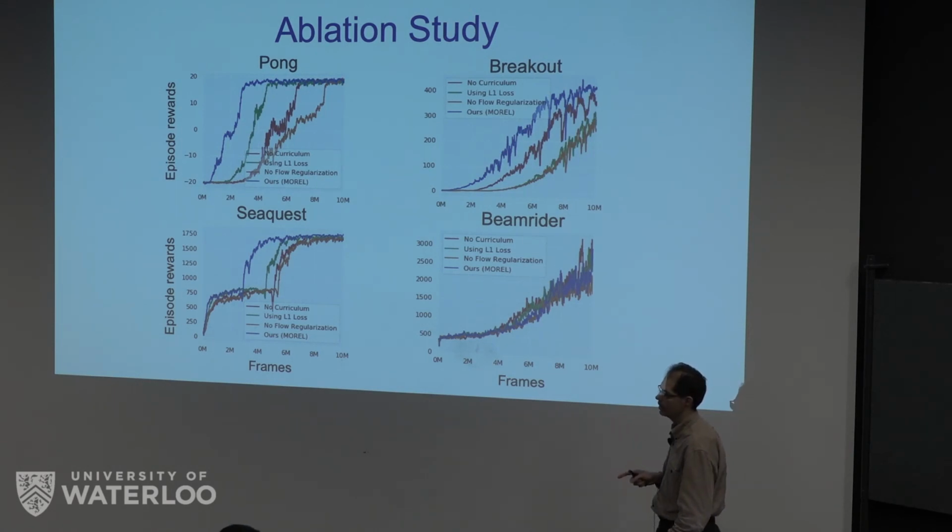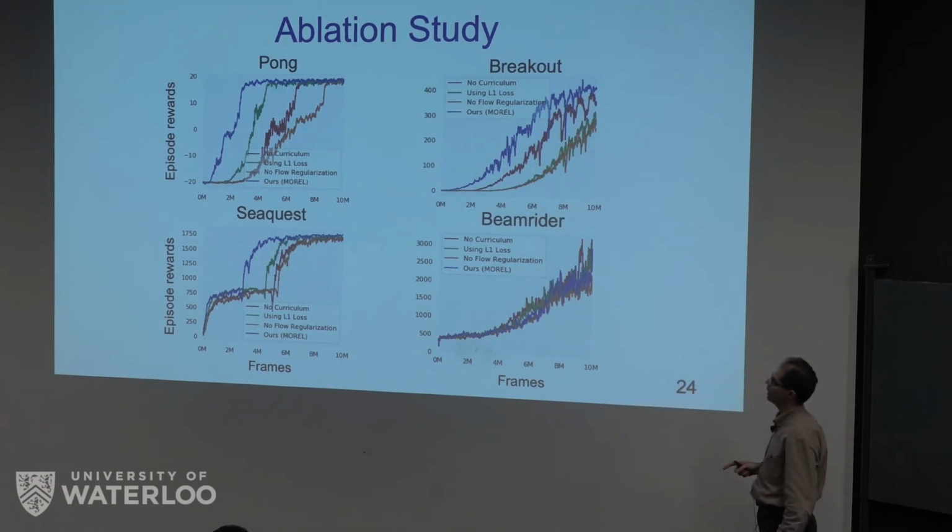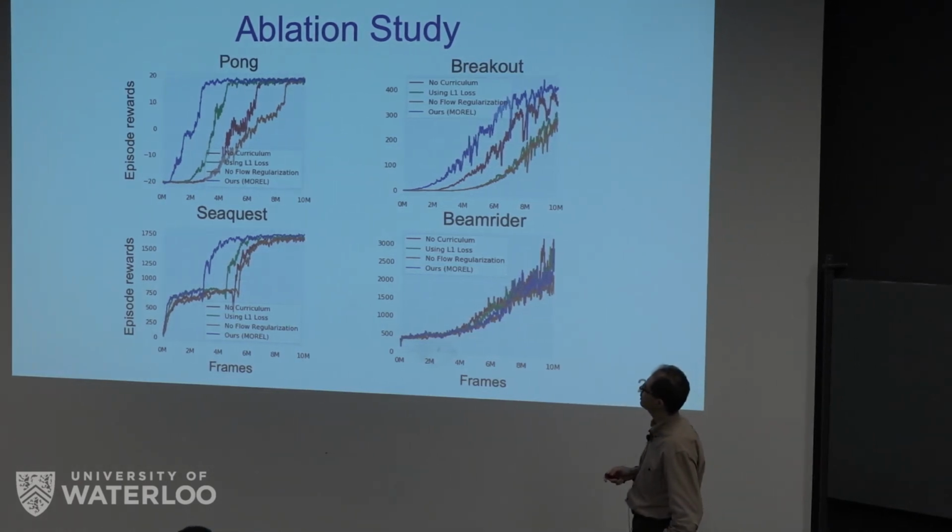Yeah, it does look like the curriculum is very important in that sense. It's clearly among the things that would get the worst if we don't do curriculum. Here, there's something else that's worse. The orange part, that would be no flow regularization, and same thing here.